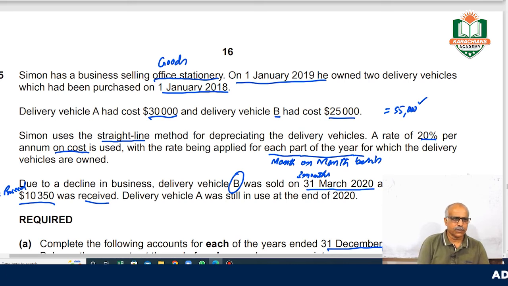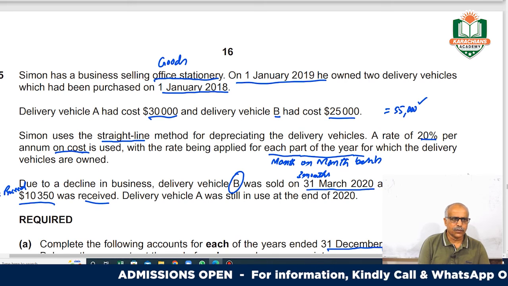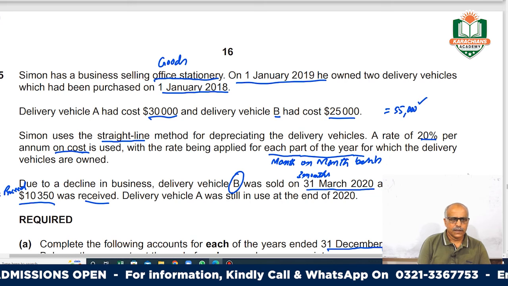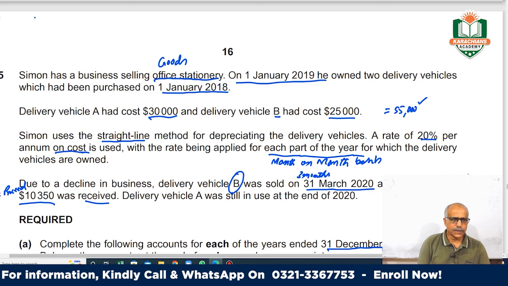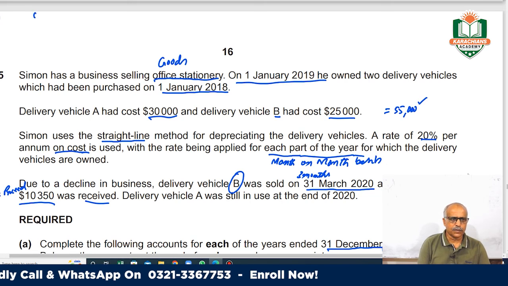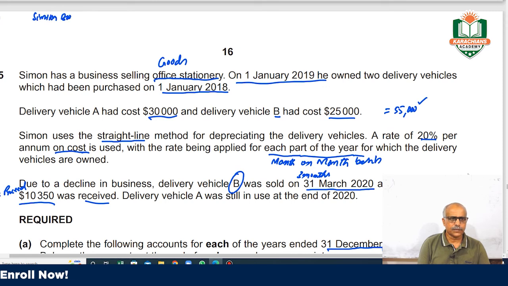Number 1, question 5A, vehicle account. Simon books vehicle account.